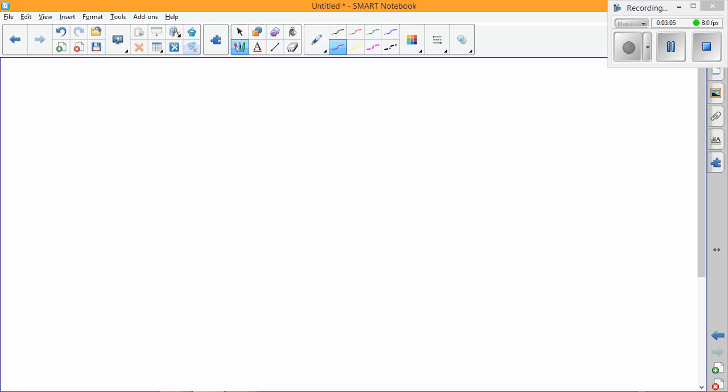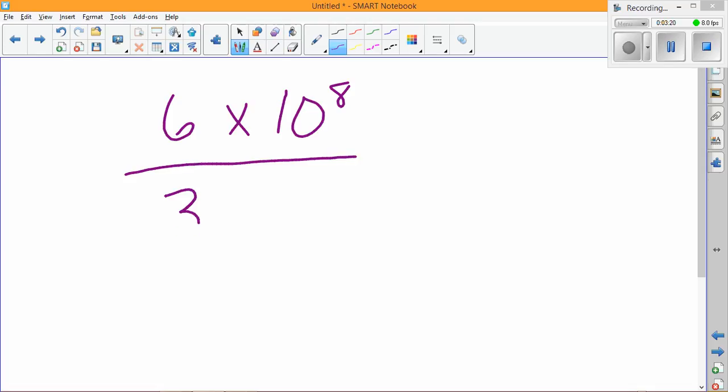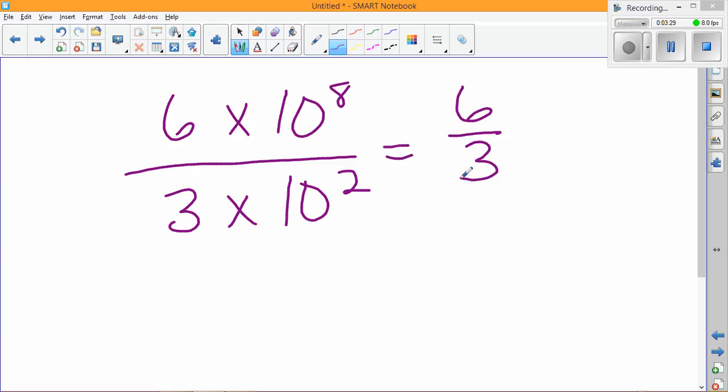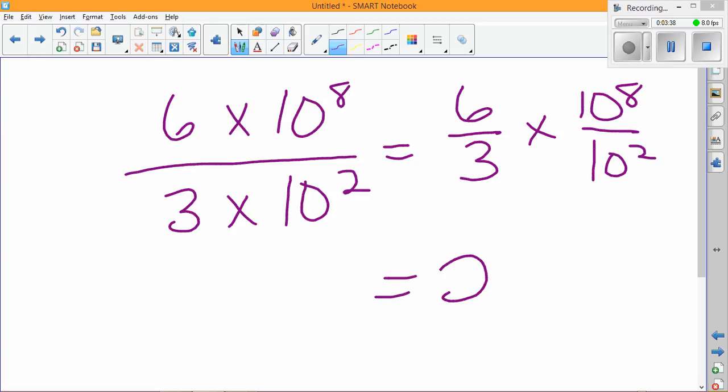We can also do, using our laws of exponents that we've been learning, computations with these. So for example, if I have 6 times 10 to the 8th, and I divide it by 3 times 10 squared, I can actually split these fractions up and compute it that way. 6 divided by 3 is 2, and 10 to the 8th divided by 10 squared is 10 to the 6th power, because 8 minus 2 is 6, using our laws of exponents.